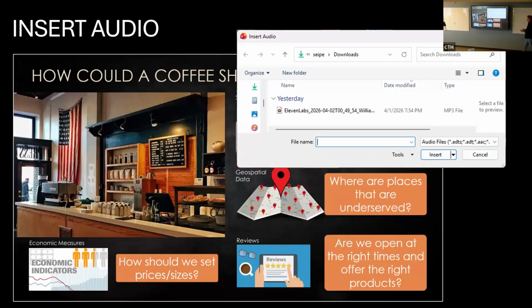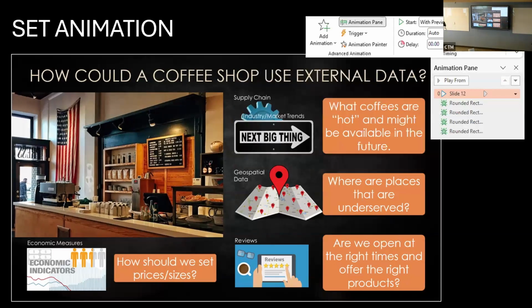I go into PowerPoint and say insert audio. I simply grab the file that I built for slide 5, slide 6, whatever the slide is, and insert it. The next step is a critical step, though: I need to control the animation. When is this audio going to play? I've got these rectangles showing up at certain times, and I timed them with the audio.